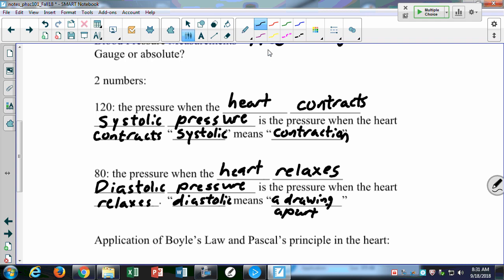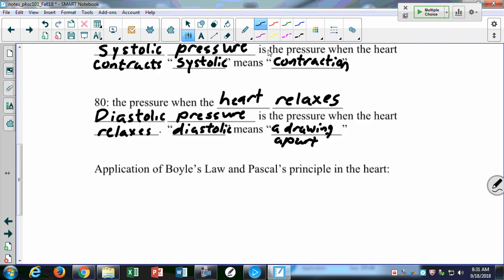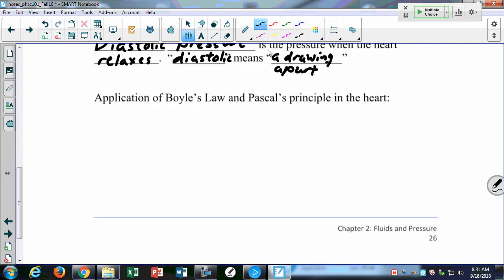All right, so we have some applications of our various principles in the heart. First of all, Boyle's Law. Remember, Boyle's Law, part of our ideal gas law, said that PV is equal to some constant value. We talked about this in terms of the lungs: if I make the volume bigger, the pressure decreases, and that occurs in the heart too.